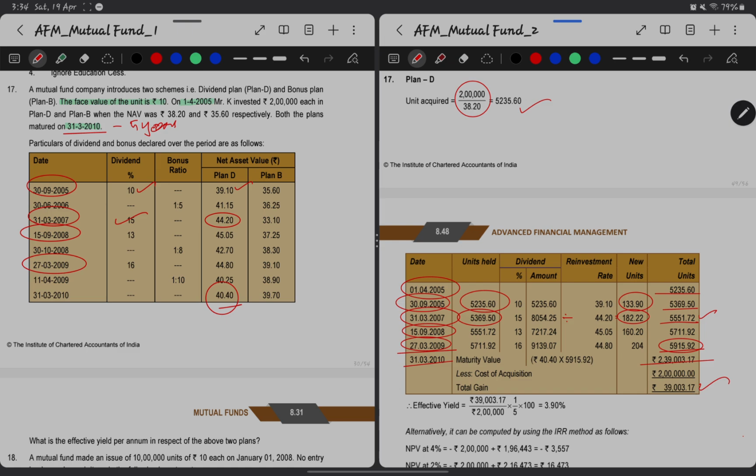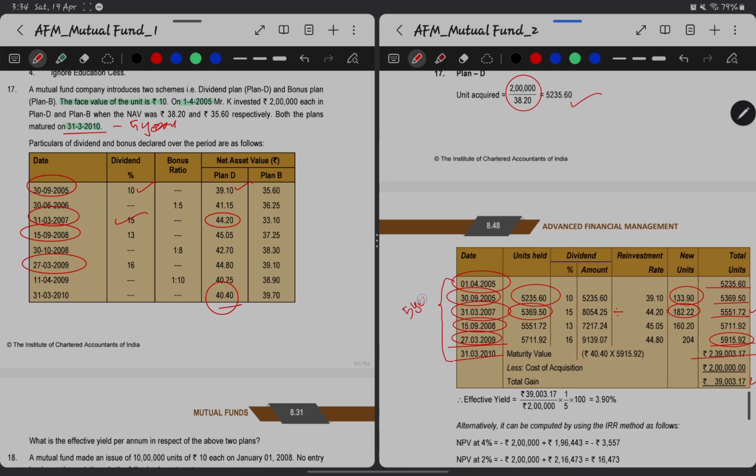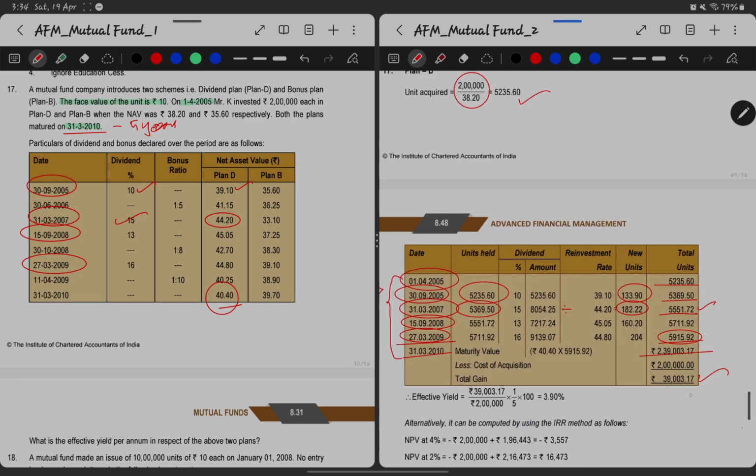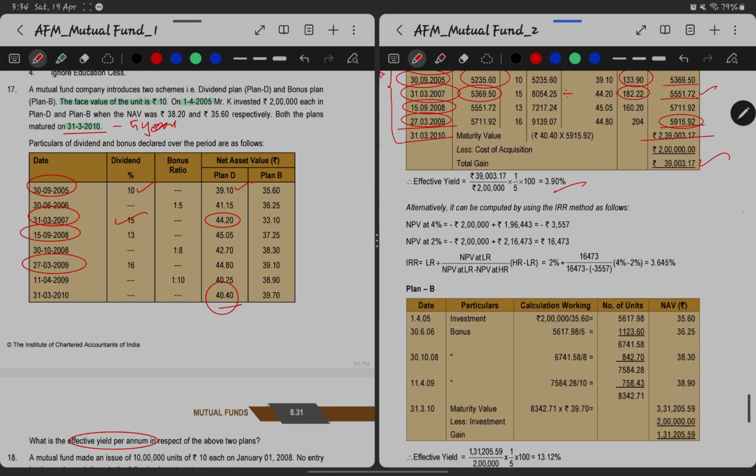So in our case it is 39,003.17, dividing it by the investment 2 lakh, and as we notice it is for the period of 5 years, right? So the return we earned is also for 5 years. So dividing it by 5 and multiplying it with 1 will give us the yearly effective yield, because they have asked effective yield per annum, hence we need it for 1 year, which is nothing but 3.90 in the case of Plan D.